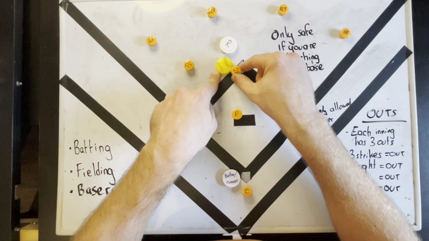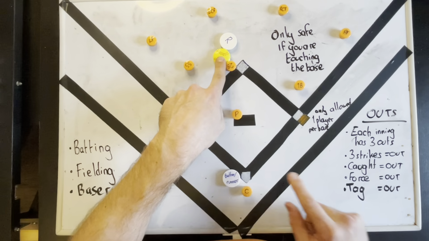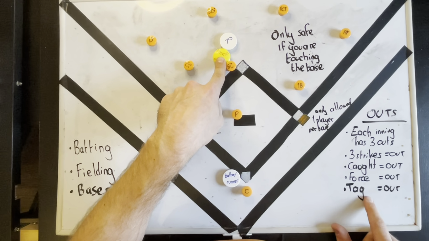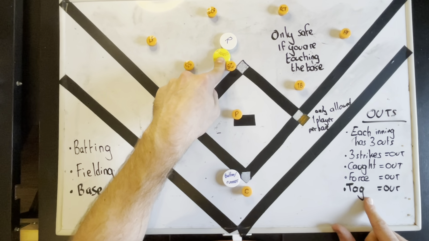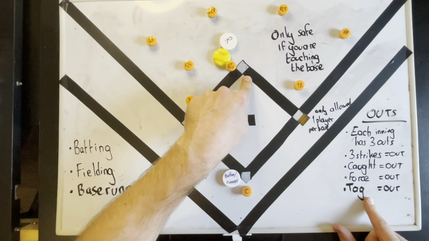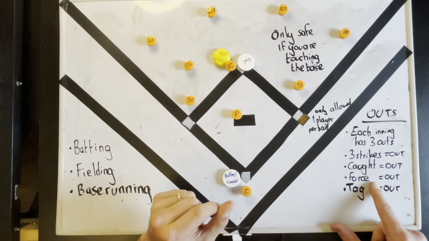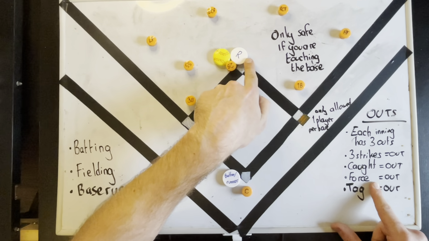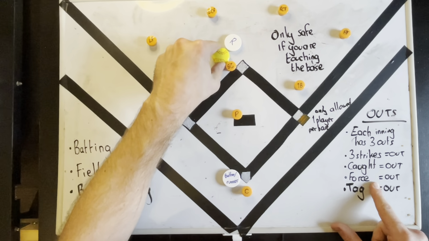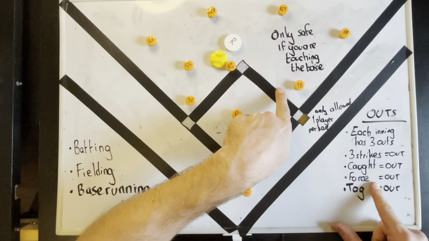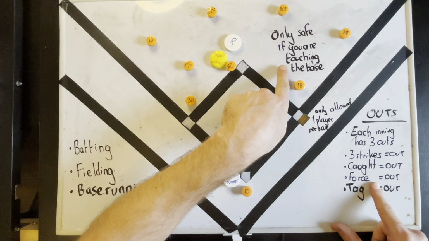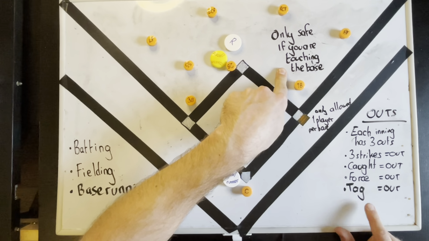This fielder can turn around, touch you with the ball, and now you're no longer forced out. Now it's what's called a tag out. You are not safe because you're not touching the base, so you can be tagged out. It's no longer a force because you won the race, but because your momentum kept you going, the fielding side can now touch you with the ball because you are only safe if you are touching the base. So now you are out because of a tag.